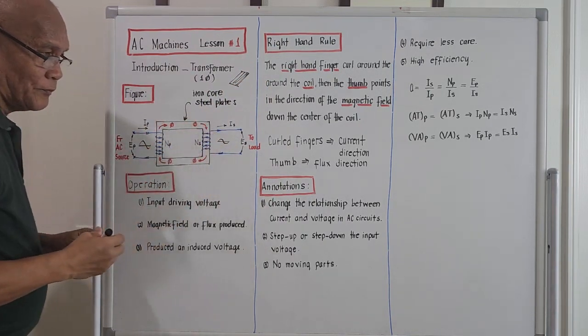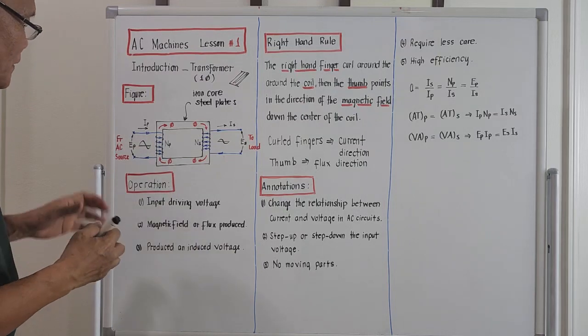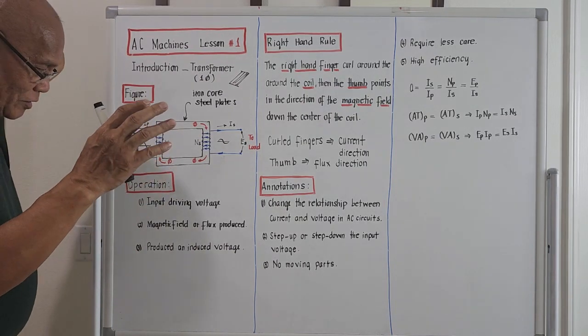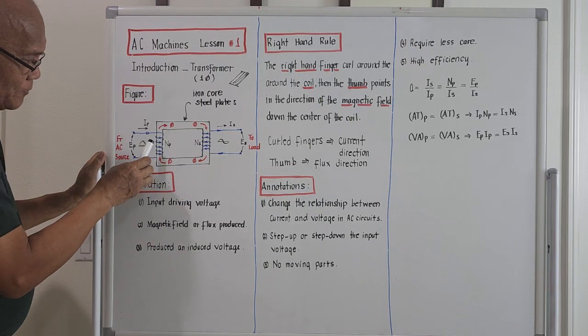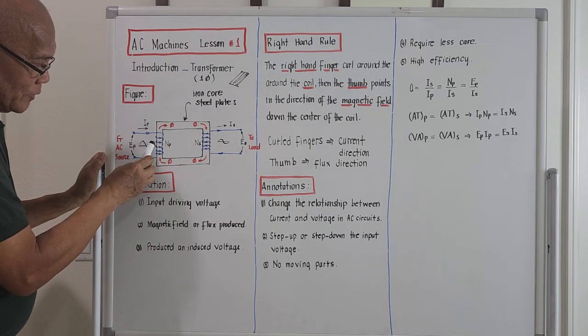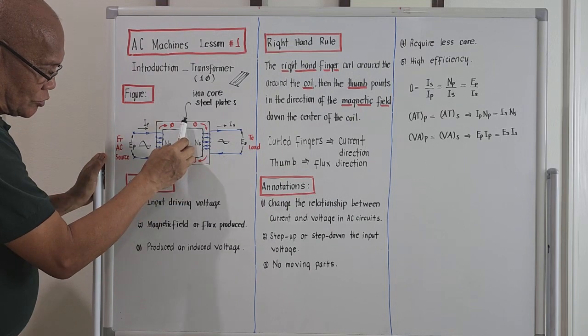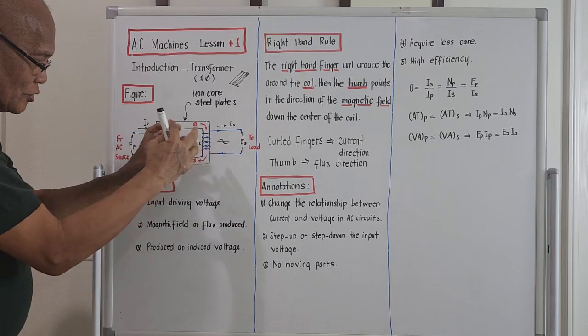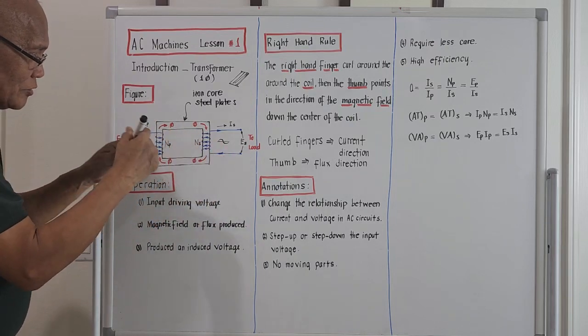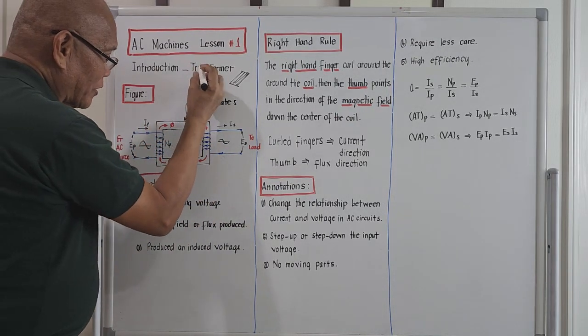It's a rectangle. So for a transformer, there should be a primary winding, a secondary winding, and an iron core. And if we intermix these, that is termed a transformer.